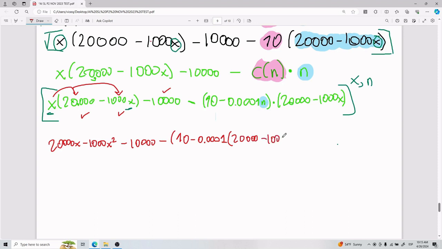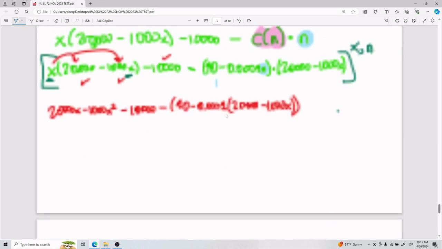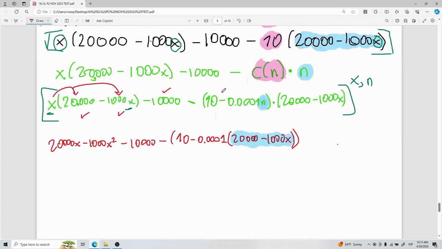Minus 1,000x. Just to be very clear, because I know that this part can be very confusing, this n got plugged into this. Now, where does that come from? From this. I already did this parentheses, this part is n, and now for this last part I have 20,000 minus 1,000x.